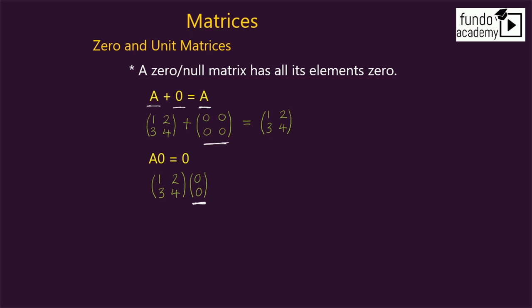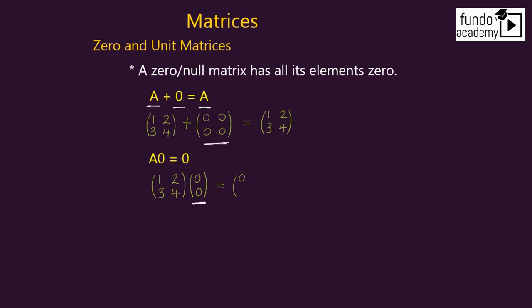If you are to multiply a row and column, remember how we multiply the two matrices. It's a row times column. That means that all the elements on the row will multiply all the elements on the column. In this case, the result is still going to come out as 0.